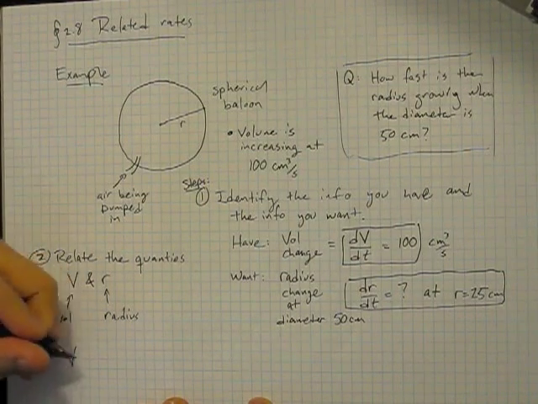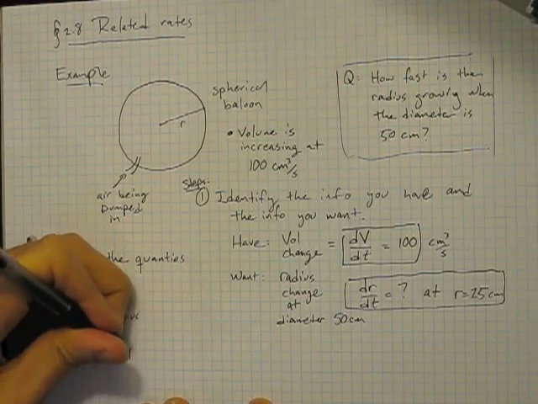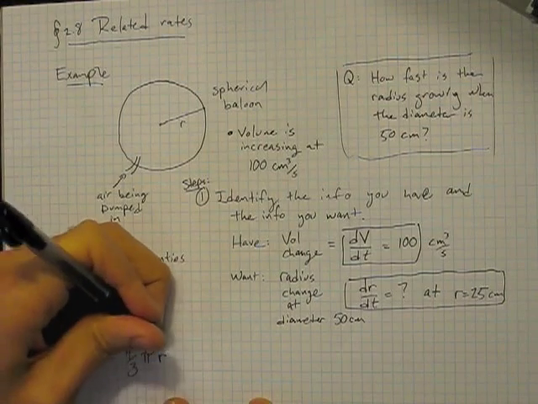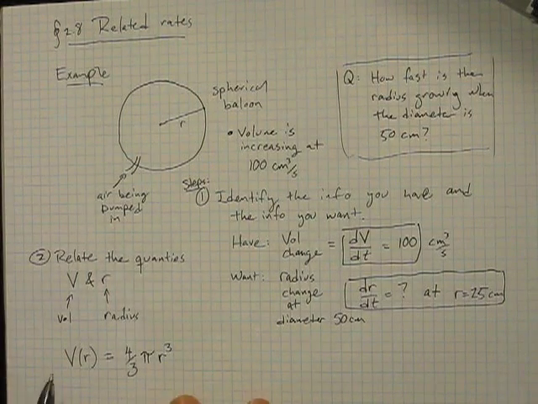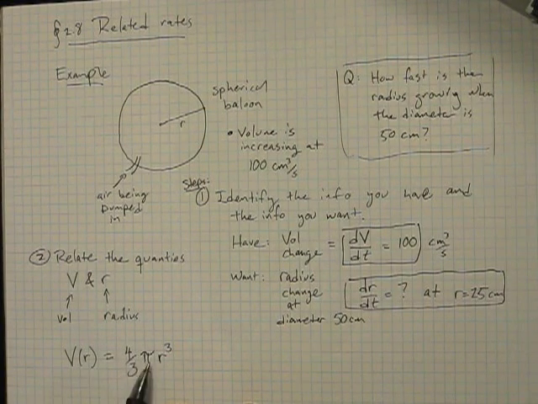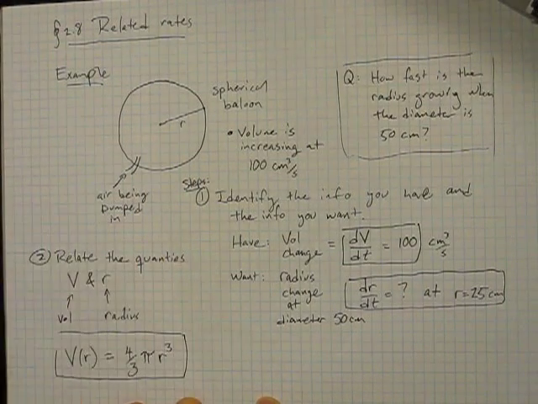We probably know a formula for the volume of a sphere based on its radius. It's okay if you don't remember this right off the top of your head; I'd give you a formula like this. But the volume, based on a particular radius, is 4/3 times pi times the cube of the radius. So this is the relationship that we're looking for.